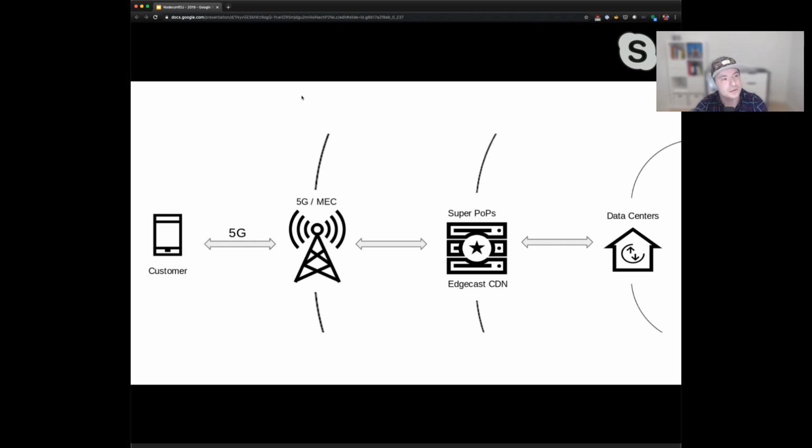But in order to do this, we need to consider some problems of distribution and distributed computing, right? One of the things that 5G and moving data closer to the edge bring is higher speed, so lower latency, faster time to render. Basically, you open your app or your website, bam, it's already there. The other thing is the more we scale, the more we distribute, we add a certain degree of complexity in how we manage data consistency.